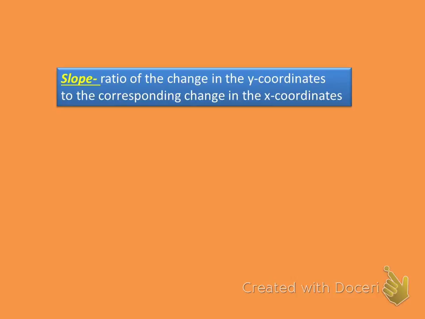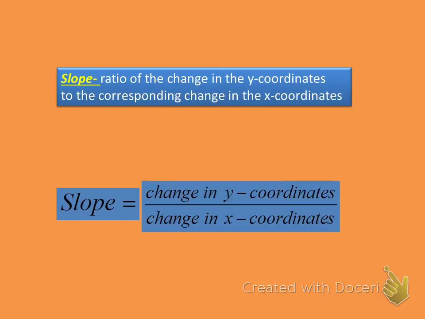Now, if you remember from yesteryears, there's a thing called the slope formula. The fancy words are the change in the y coordinates divided by the change in the x coordinates, which you all remember as y2 minus y1 divided by x2 minus x1.